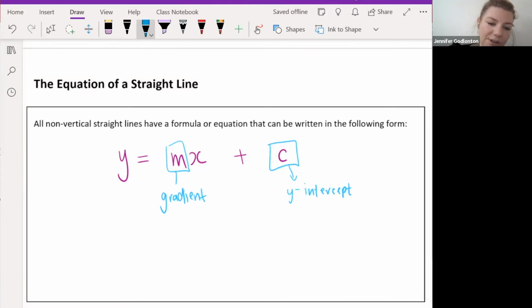Whenever we're talking about gradient, we talk about M. Some people will write it like that, which looks crazy.